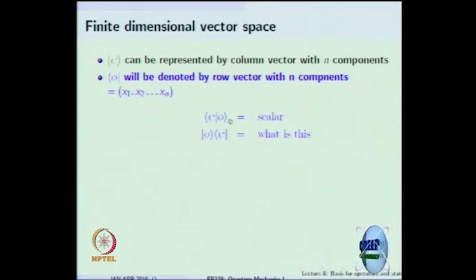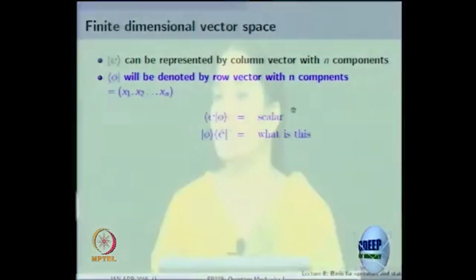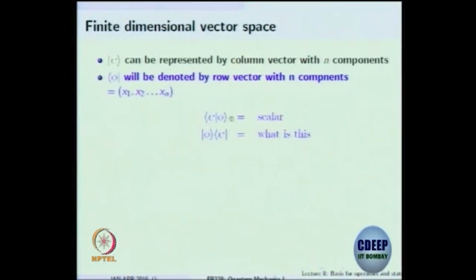What is the inner product? In this representation it is multiplying a row with a column. You have done this in the theory of matrices. A row multiplying a column will give you a scalar. So a row multiplying a column is the inner product, and that is a scalar.